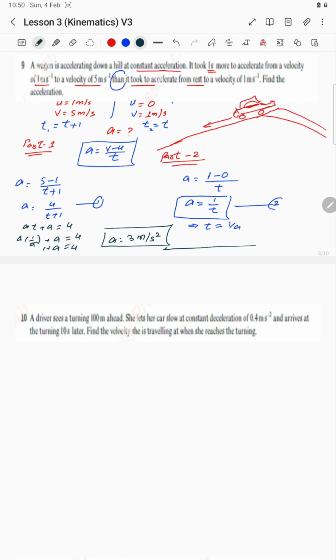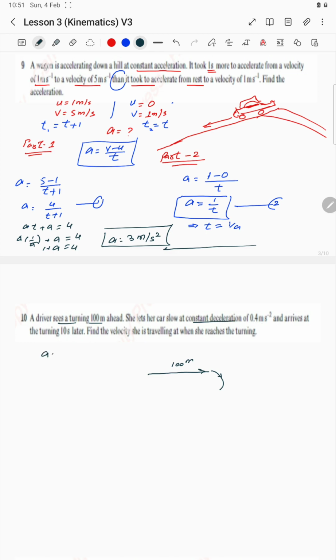I hope it is clear. It was a simple question. Take another question. A driver sees a turning 100 meters ahead, right? A driver is going, and there is a turning like this 100 meters ahead. She lets her car slow at constant deceleration.